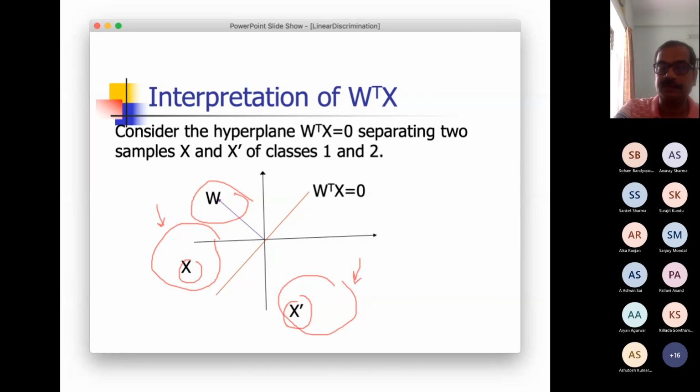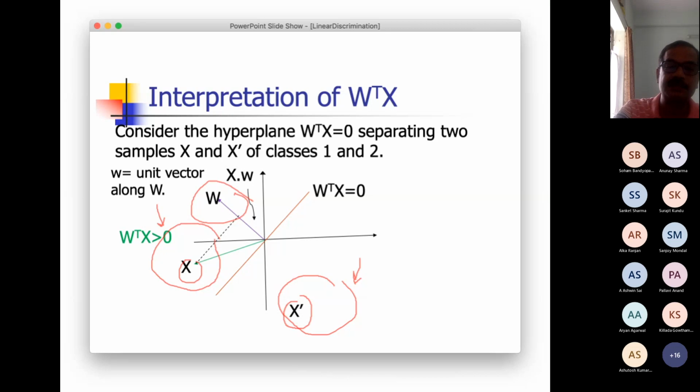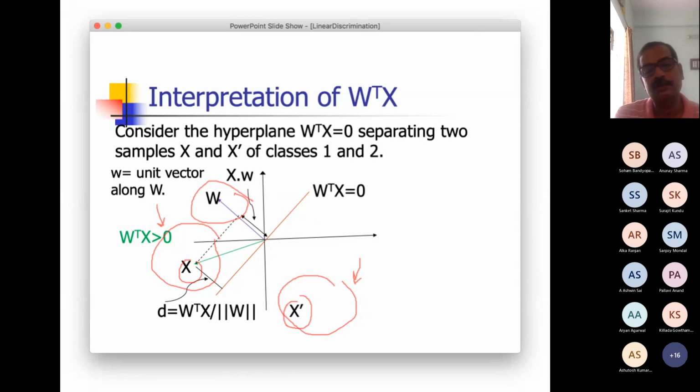So this is our objective: to get that W. If I consider the unit vector along W, obtained by normalizing W by its magnitude, then the projection onto it, which should be positive here, can be used for determining the distance.